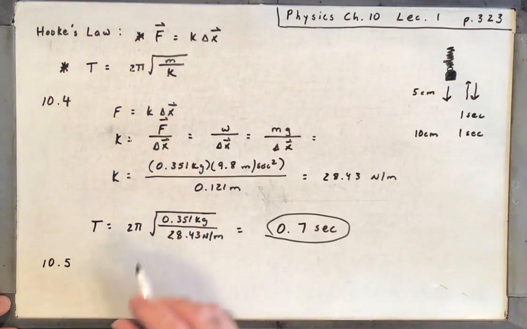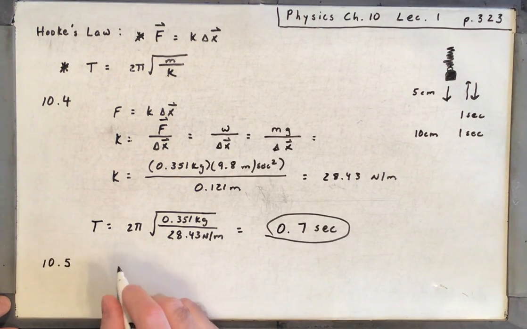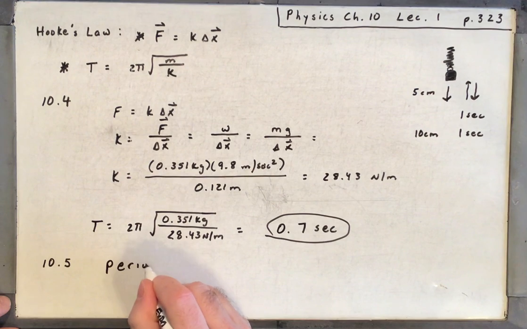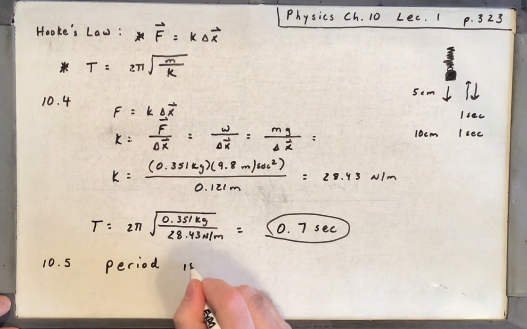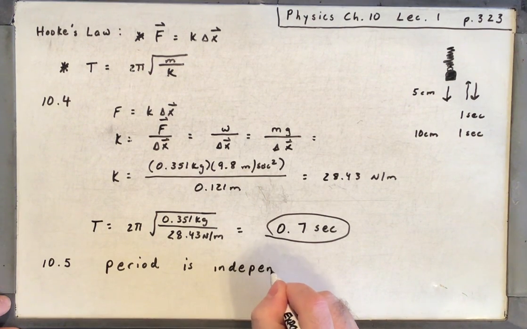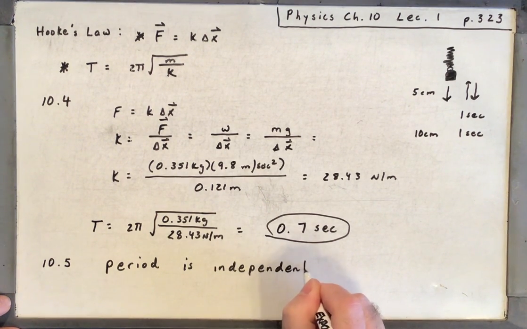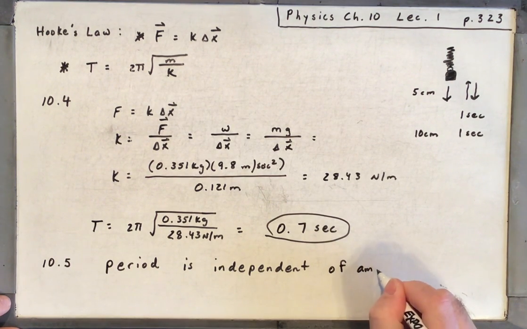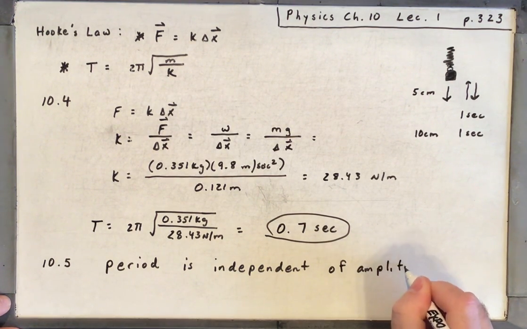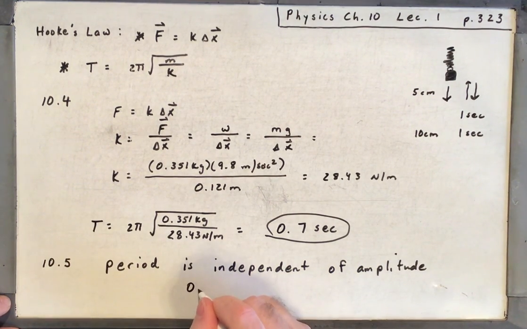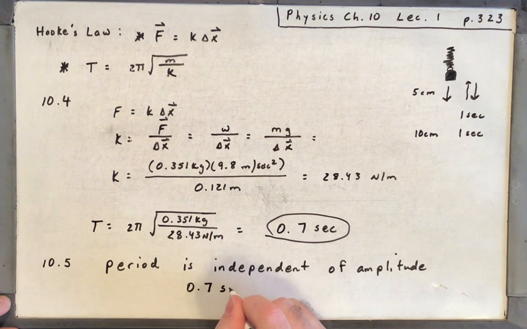It's just 2 pi times the square root of m over k. So with simple harmonic motion, period is independent of amplitude. So it's going to be 0.7 seconds.